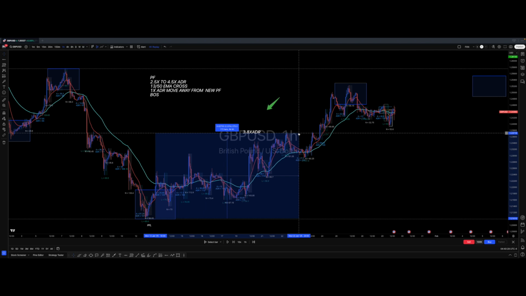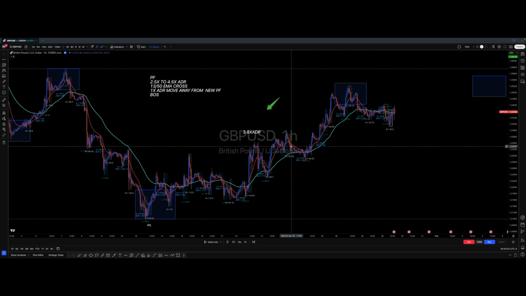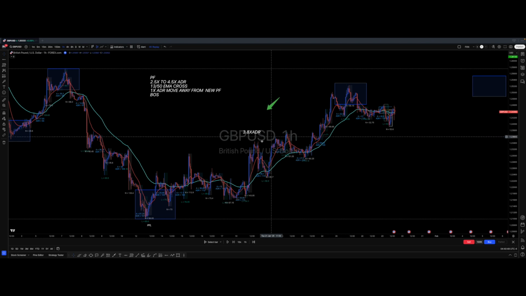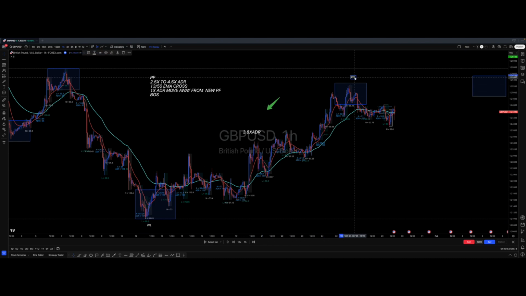If you take that and divide it by the average of, whatever, 110, you're getting about 2.4 times ADR. So no, that would not be enough for a full cycle. So again, the only option that we have is here. This is a new peak formation high.